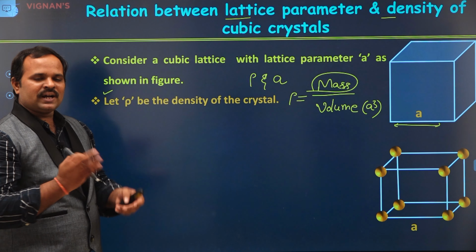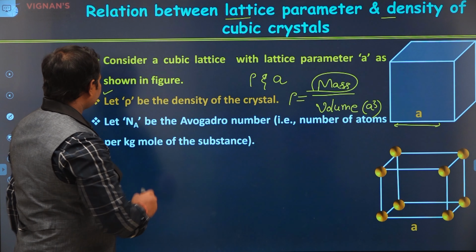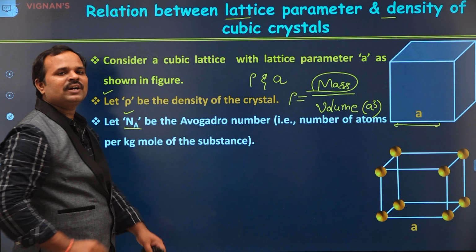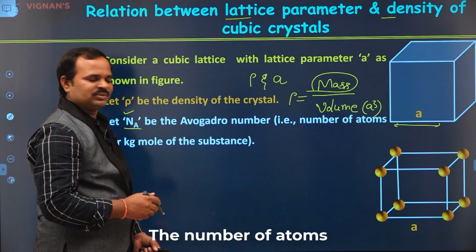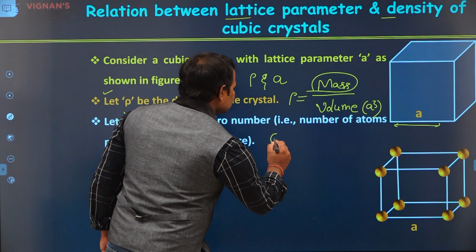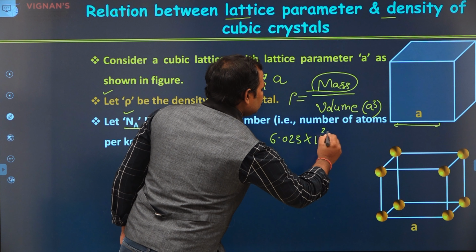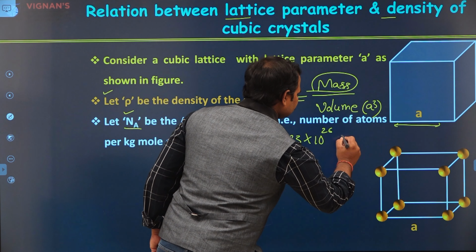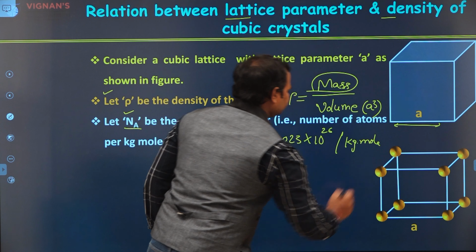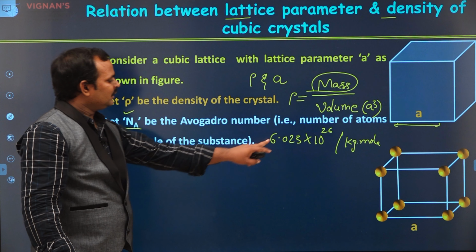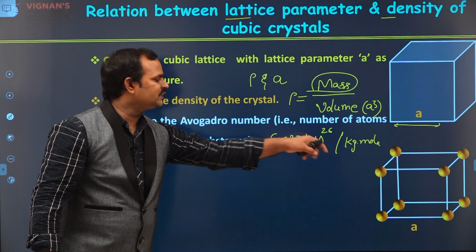So to find the mass, let us consider the Avogadro number. The Avogadro number means the number of atoms, 6.023 times 10 power 26, per kg mole of substance.